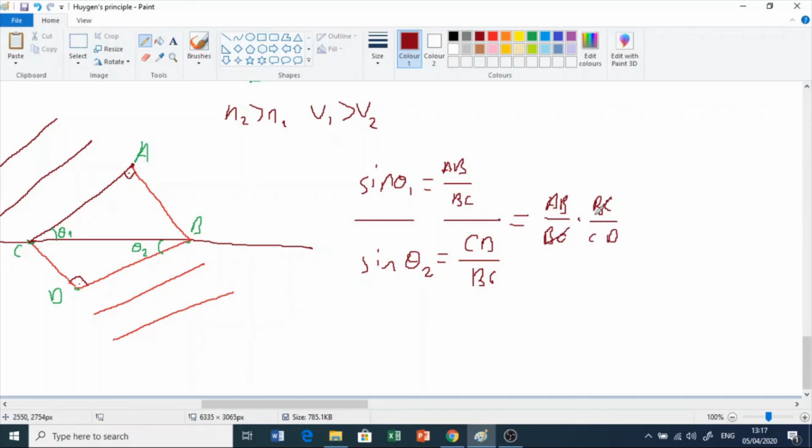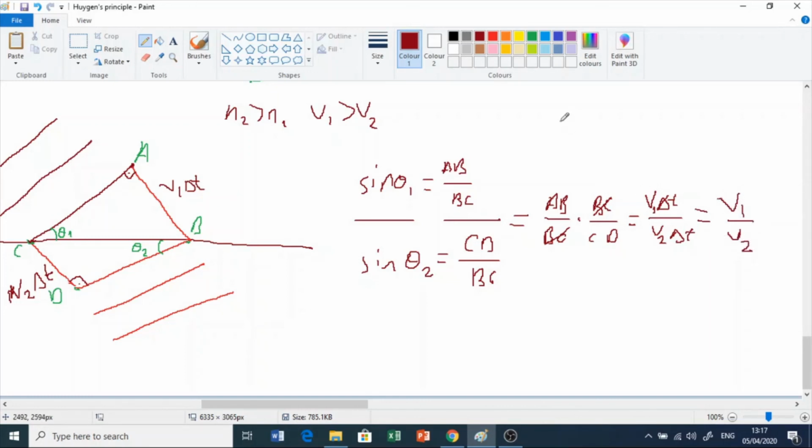These two cancel each other, then we get AB over CD. What's AB? The velocity of the light here is v1, and the distance will be v1 times delta t. Similarly, this one will be v2 times delta t. So this is v1 delta t divided by v2 delta t, and finally we get v1 over v2.